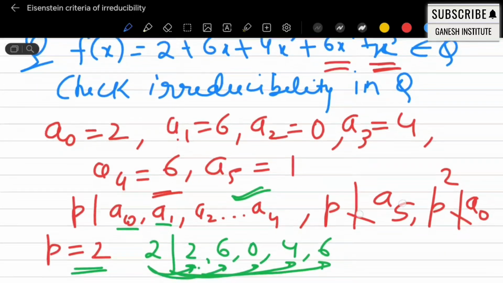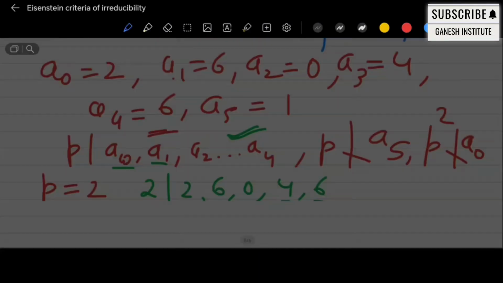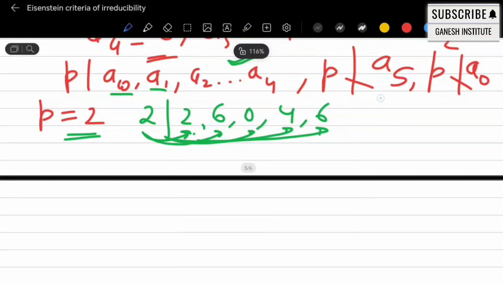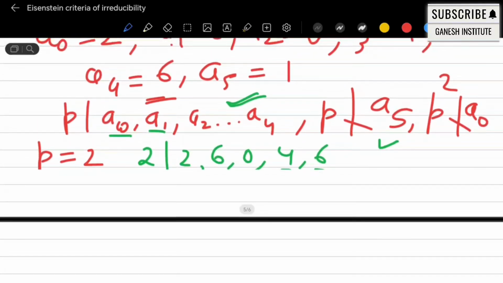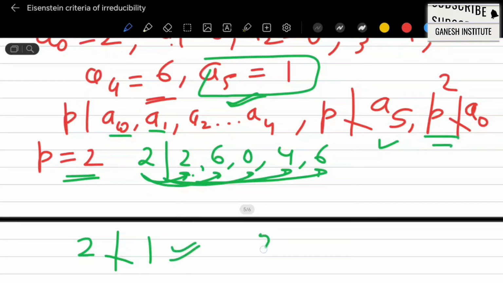What is next? The second condition: p should not divide the coefficient with the highest degree. So 2 does not divide the coefficient with the highest degree, that is 1. Yes, that's true. And 2 square, that is 4, should not divide the constant term.